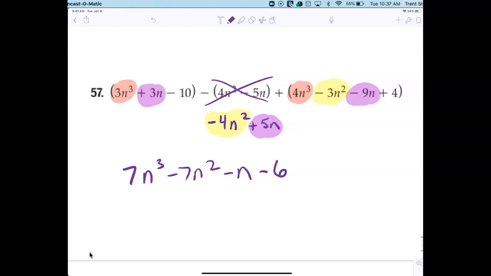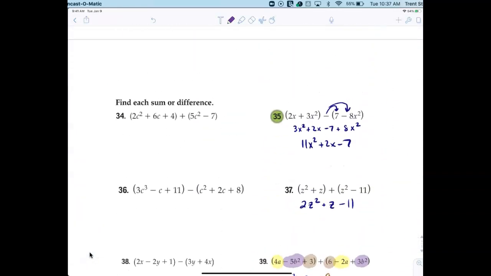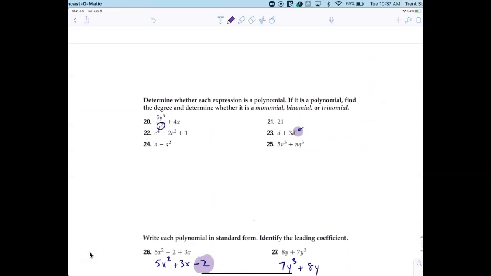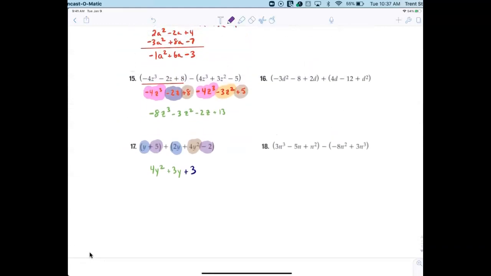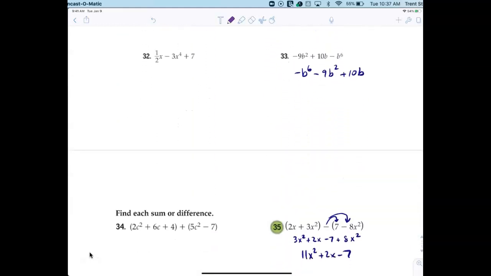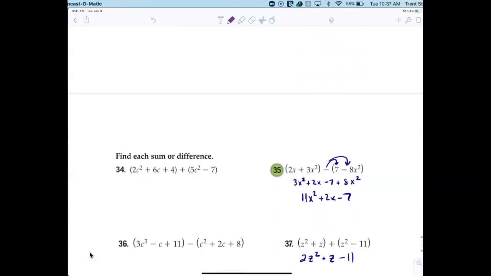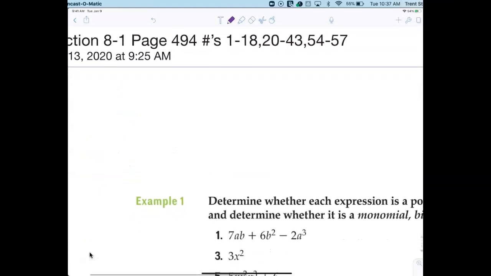All right. So now your job is to just go back and do the rest. All right? Do the evens. 57. Yeah, there's 57. Like 51. If you want to take a look at the assignment, it's right here. 1 through 18, 20 through 43, 54 through 57.